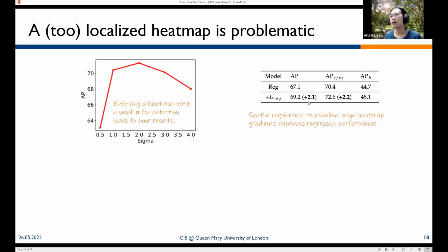When we add this regularization, we can improve the overall AP. We improve the overall AP and the AP for the easy and the medium cases, and for the hard, also a little bit. So what we're finding is that in both settings, for both heat map detection and integral regression, when the heat map is too localized, this causes problems.